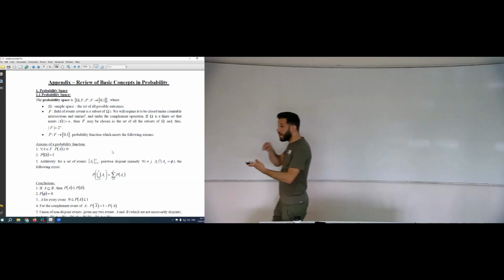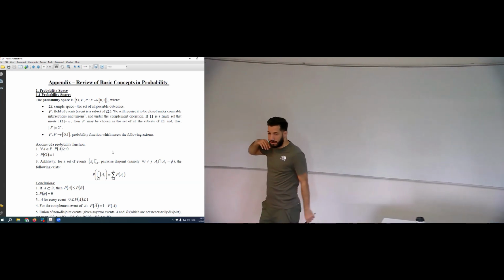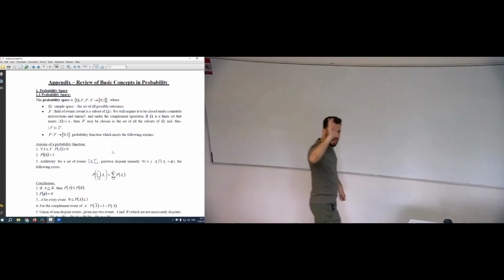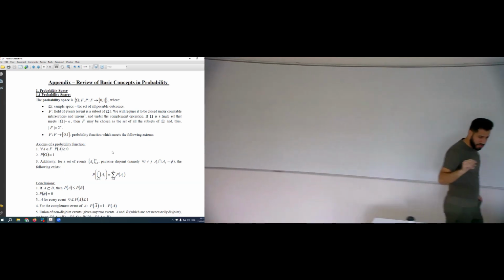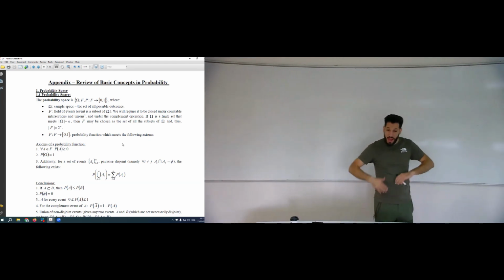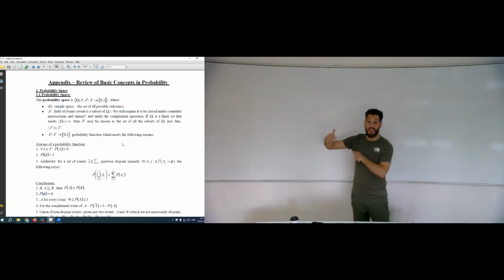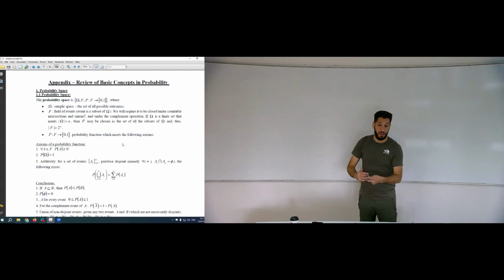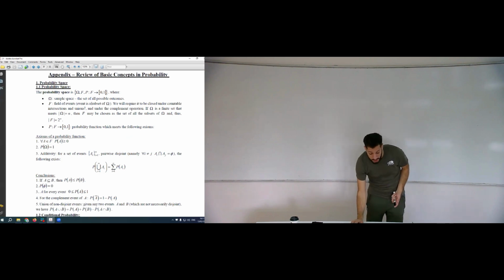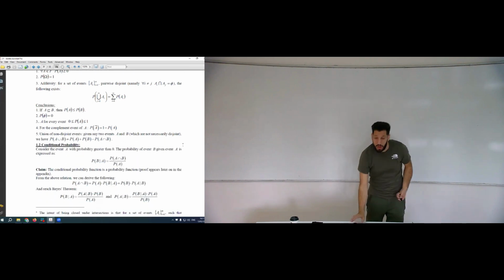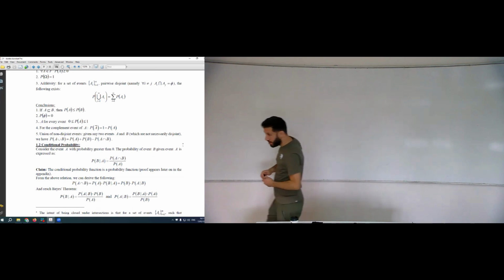So for the same omega and F, I can produce many probability functions. And when we have a probability function, we can use it to define another probability function, called conditional probability functions.